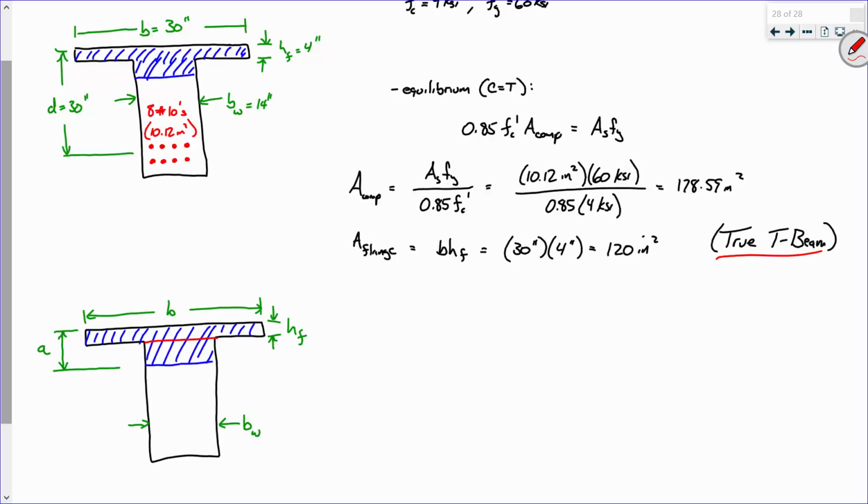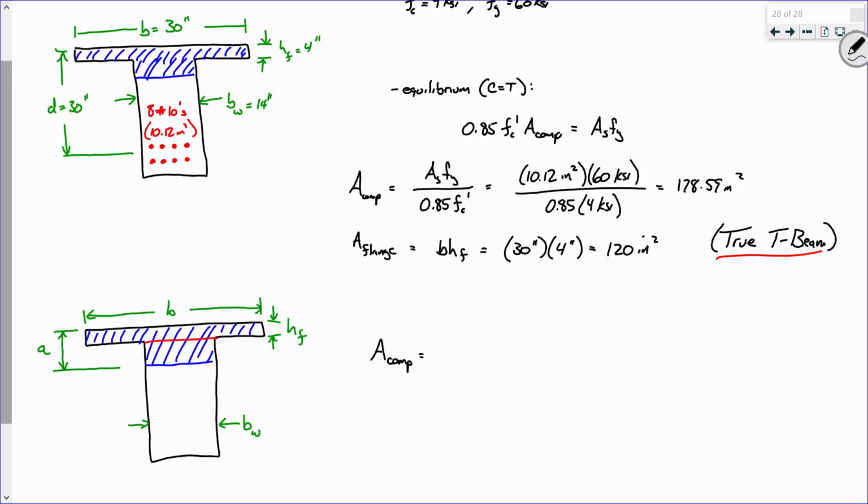Now, what I'm going to do is split it up into 2 instances. Okay? So I propose that the area in compression over here is as follows. It's the area of whatever's going on top plus whatever's going on the bottom. So the area of this right here, what is that? b h_f, which is the area of the flange. We've already computed that, right?